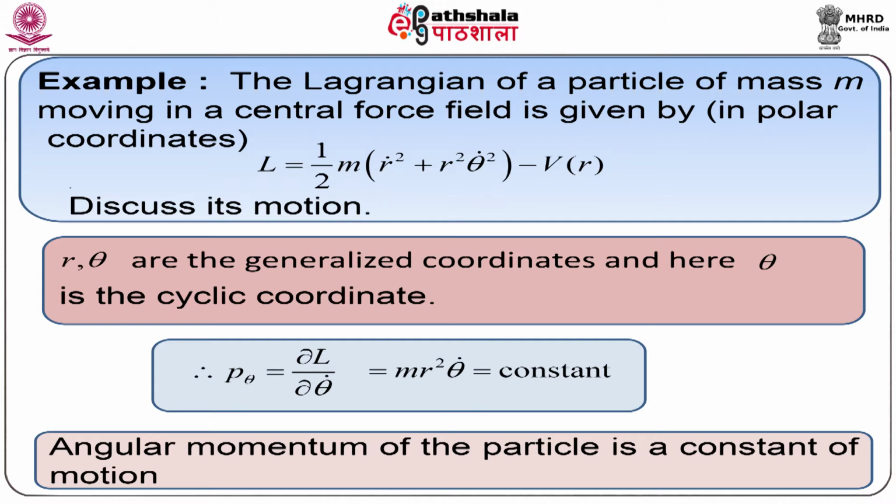Therefore, p theta equals del L del theta dot. This gives p theta equal to m r square theta dot. From the property of a cyclic coordinate, we have m r square theta dot equal to constant. This shows that the angular momentum of a particle is a constant of motion.